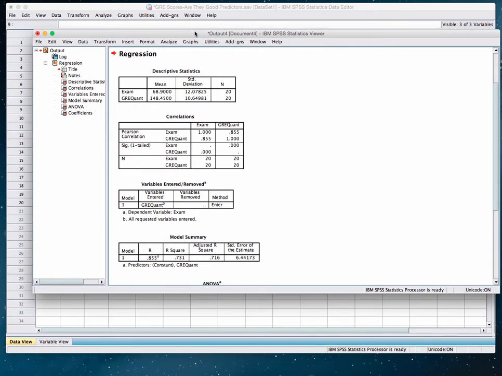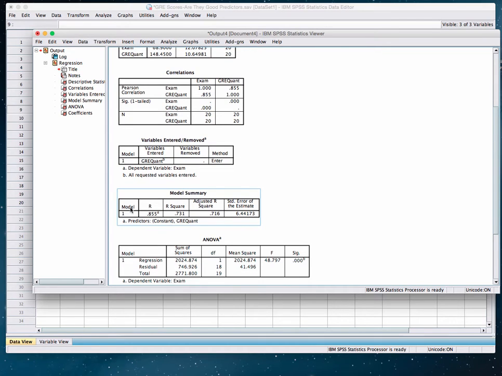In this case, I get the mean for the exam, 68.9, and the standard deviation. And then for the GRE quantitative scores, I get the mean and the standard deviation as well. The correlation between the GRE quantitative scores and the exam scores is very high, 0.85.